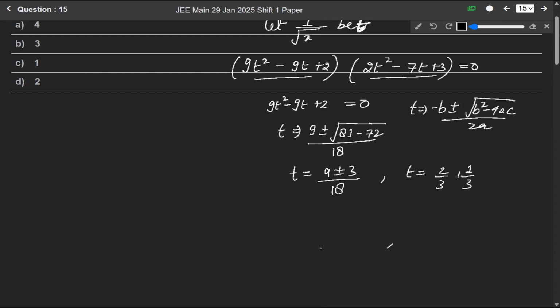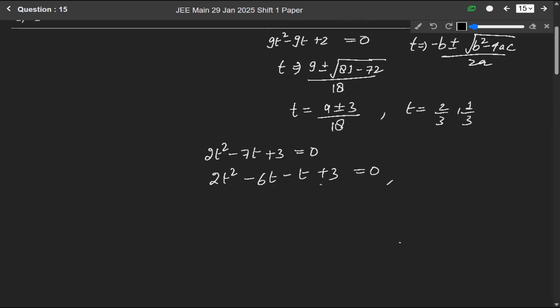And now solving 2t square minus 7t plus 3 equal to 0, we can write it as 2t square minus 6t minus t plus 3 equals 0. So using the factor method, we can write 2t into (t minus 3) minus 1 common, (t minus 3) equals 0.